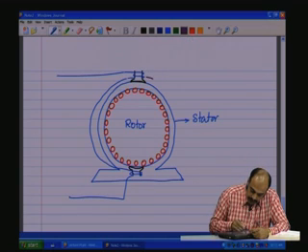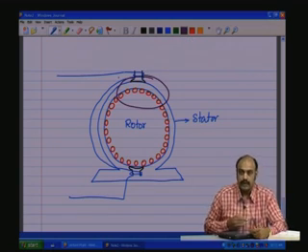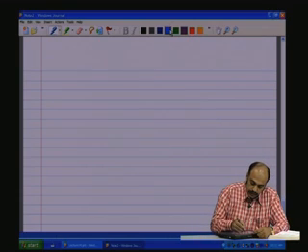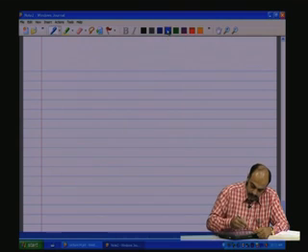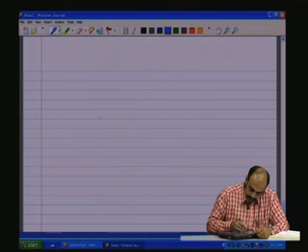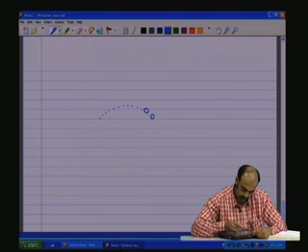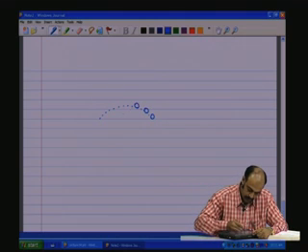Now, let us look at a segment of this induction motor here. Let us have some conductors of the rotor.